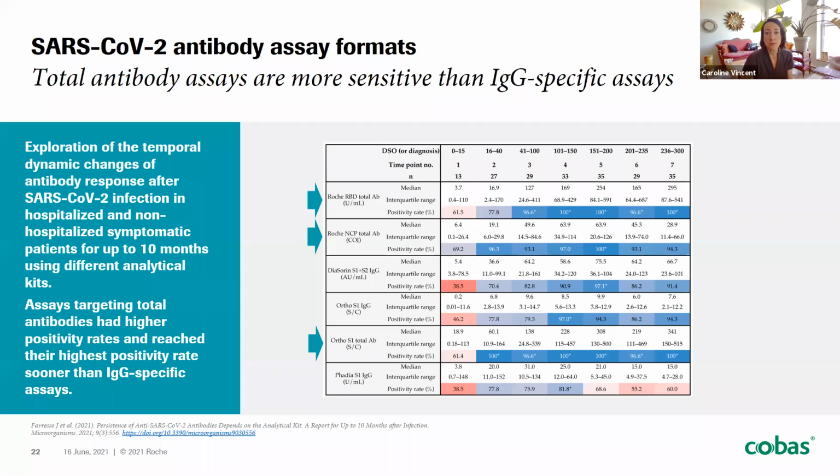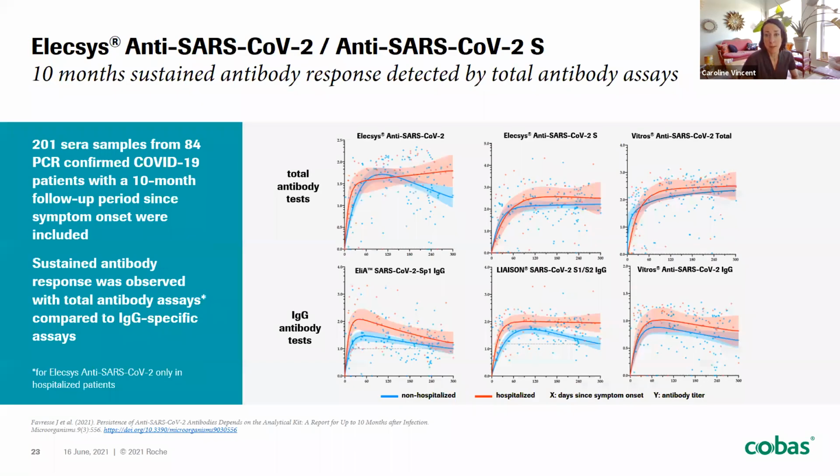Here, the authors evaluated antibody levels again over a 10-month period, with either total or IgG-specific antibody assays. In this case, the study included 201 samples that were collected from 84 patients with a PCR-confirmed SARS-CoV-2 infection.